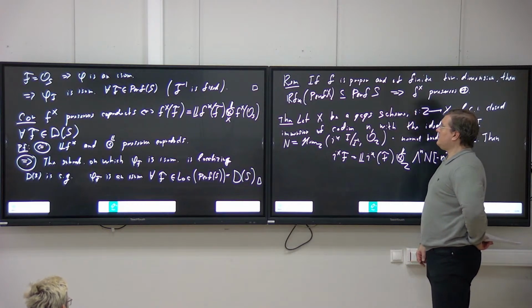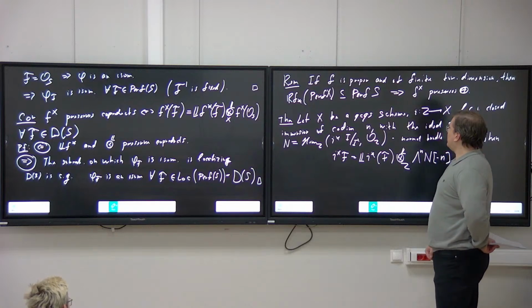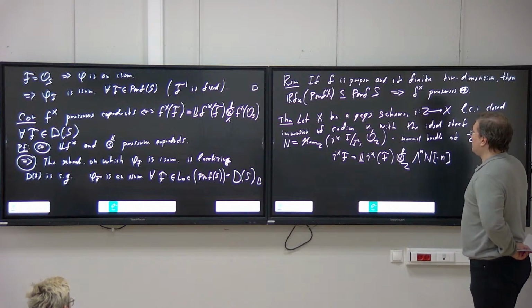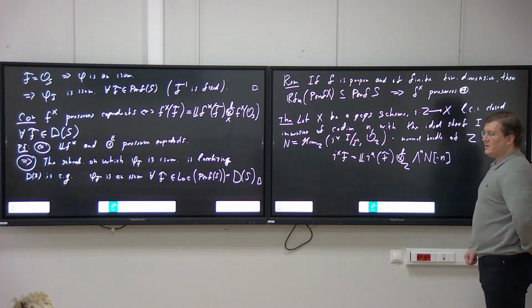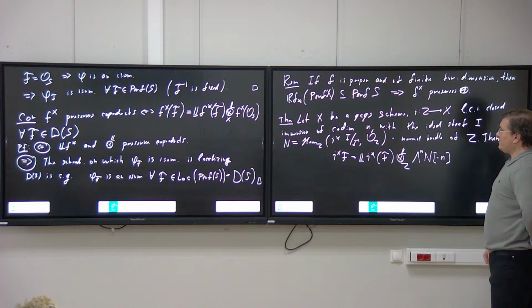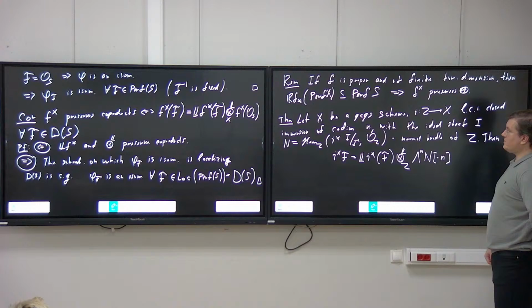Since it's proper and is of finite Tor dimension, it's obviously proper, but not finite. Well, it's locally of finite Tor dimension, so it might be enough. Yeah, you definitely need to check that the conditions of the previous theorem are satisfied.